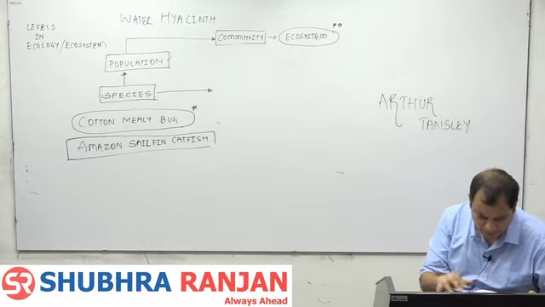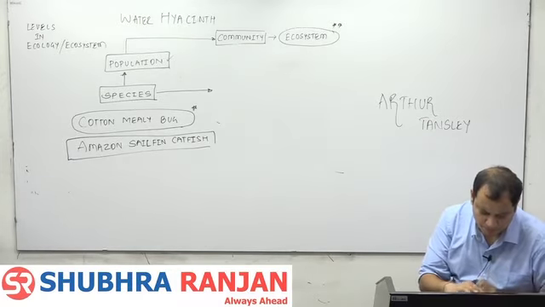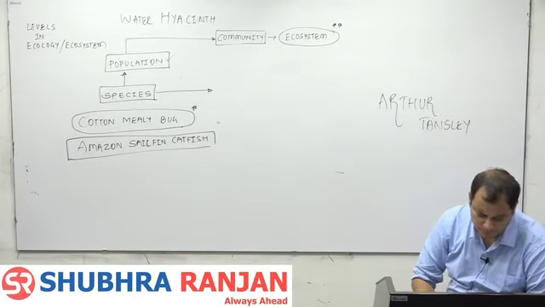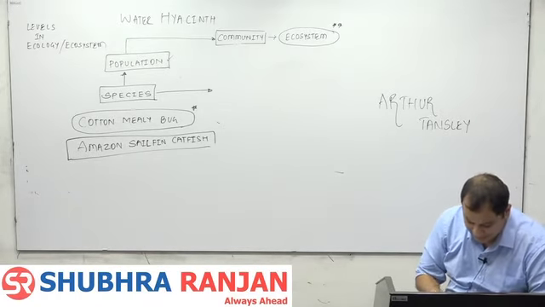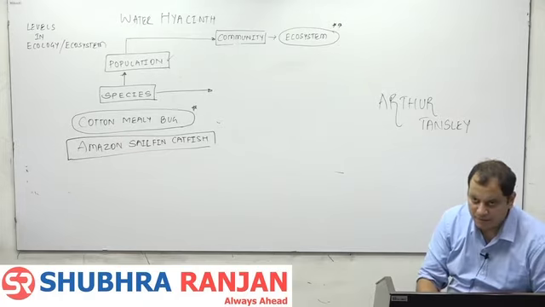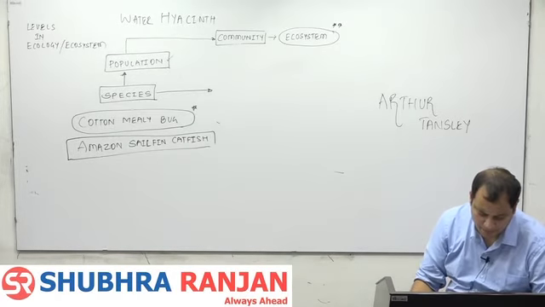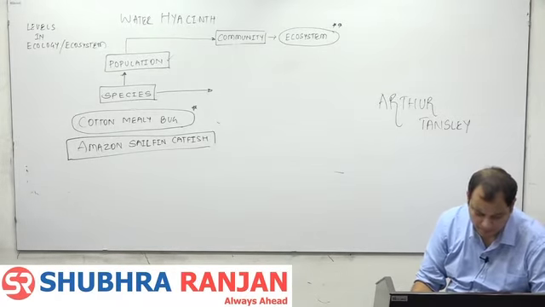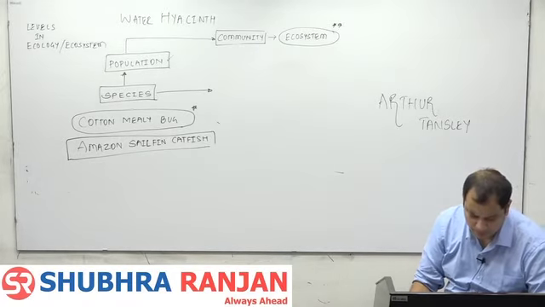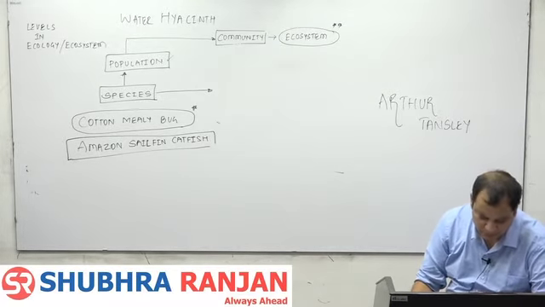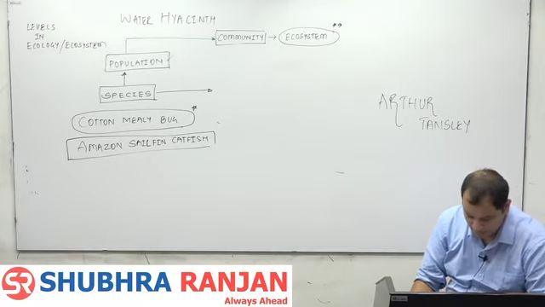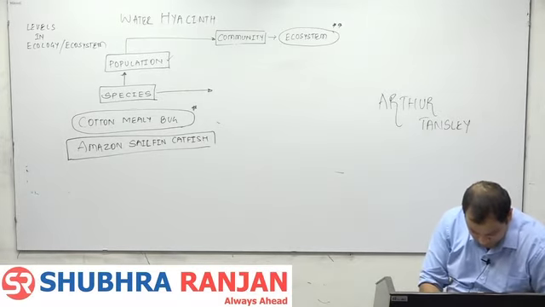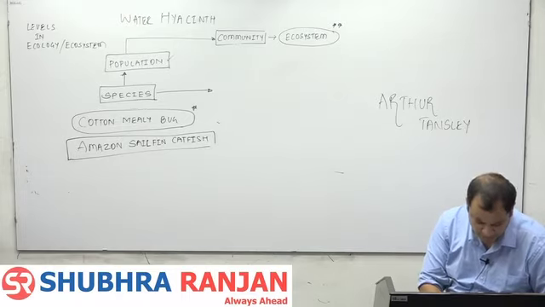In other words, ecosystem is an interaction between the living organisms and their environment. And thus, ecosystem consists of both biotic and abiotic components.